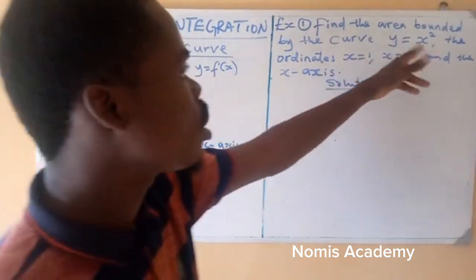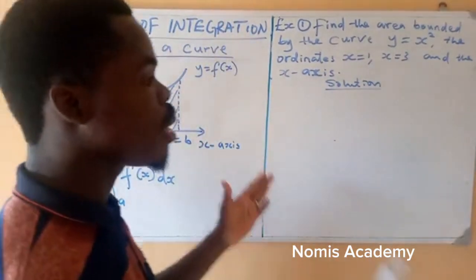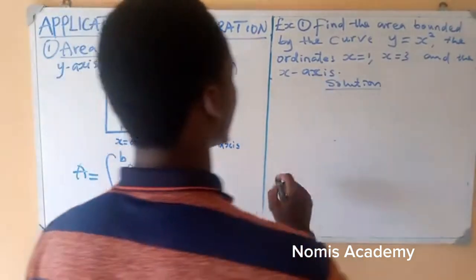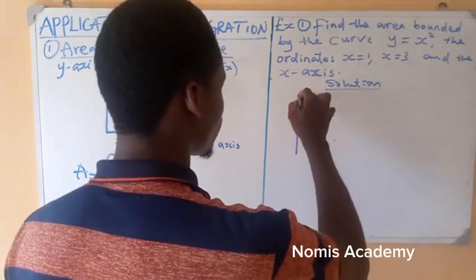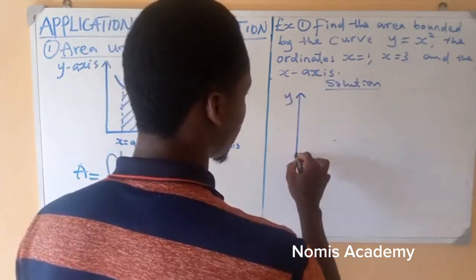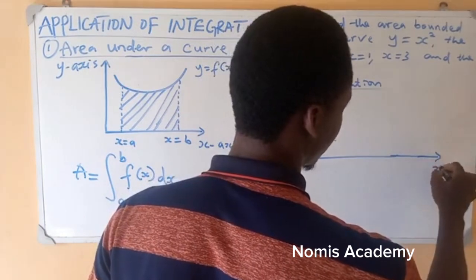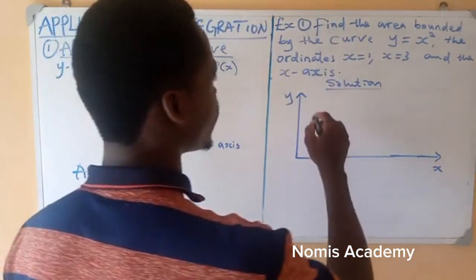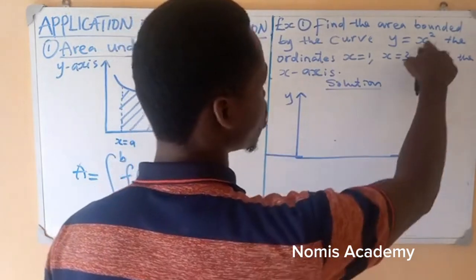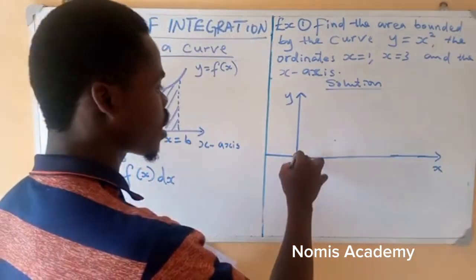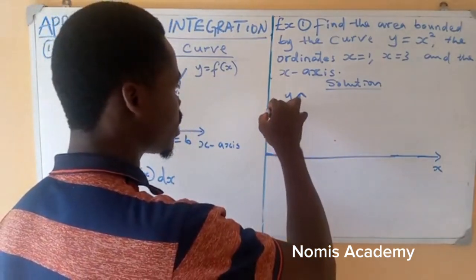So we need to draw the curve so we can have a clear picture of the area we are about to find. So let's draw the diagram for the curve. We have here the y-axis, and then here we have the x-axis. Now we have a curve. You remember that x squared is a parabola. So the curve is going to be like this.